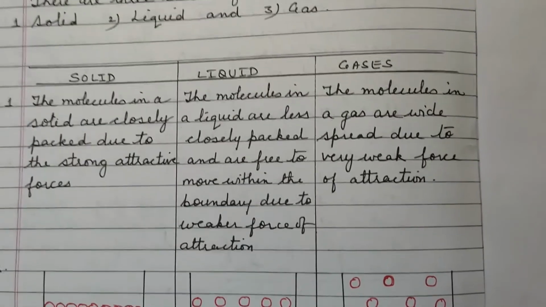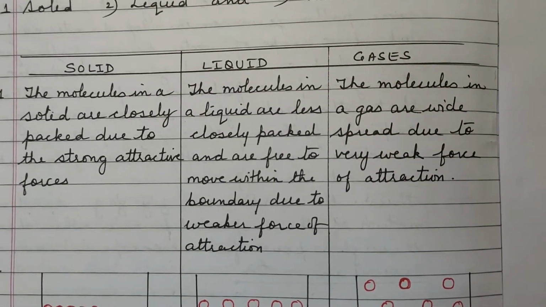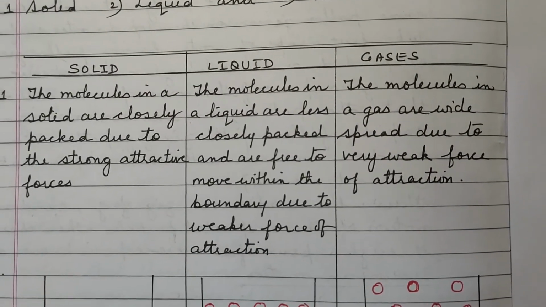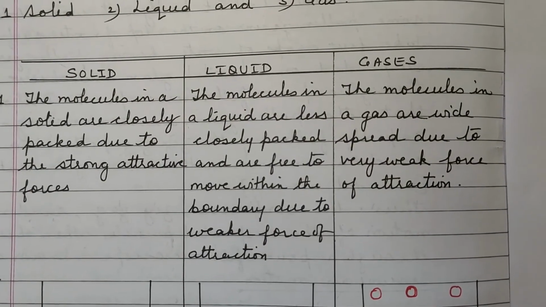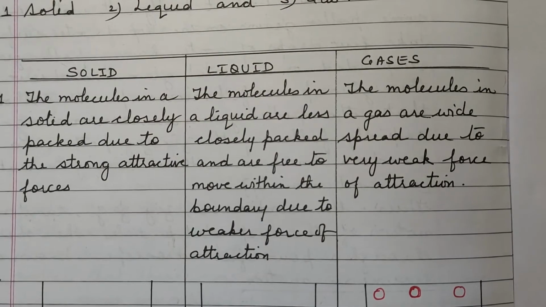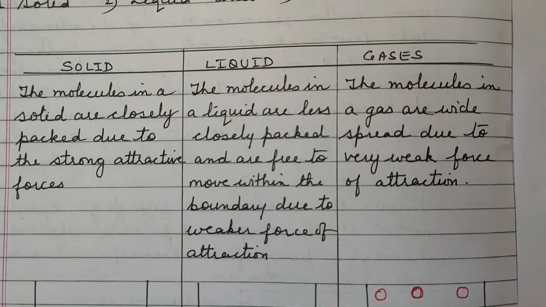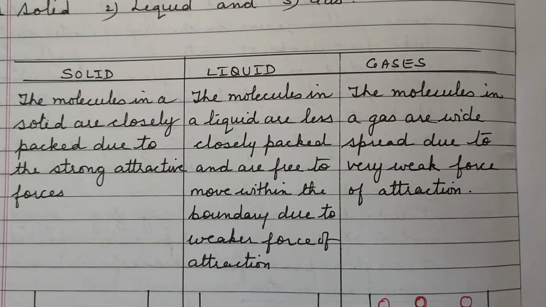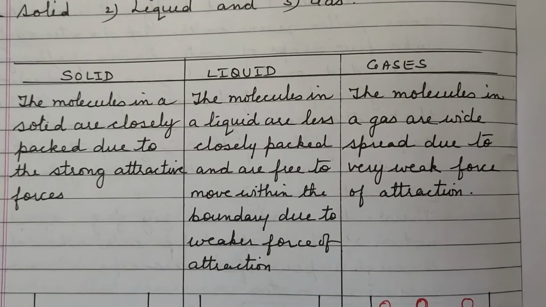In case of liquids, we have weaker forces of attraction, and in case of gases, a very weak force of attraction is there between the gas molecules. So we can say the force of attraction is maximum in solids, lesser in liquids and least in gases.